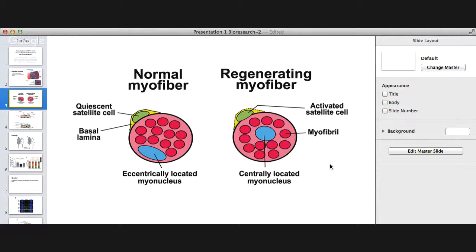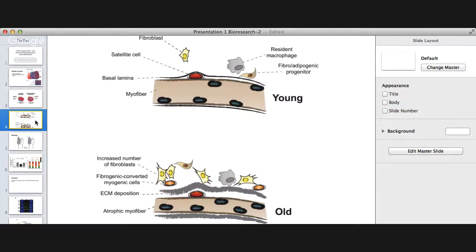This, just to keep in mind, is the old mice and the young mice and what happens between them. The myofiber is in the muscle of the young mice, and compared to the myofiber in the older mice, the myogenic cells basically hold a space and compensate for the space of myofibers in this.